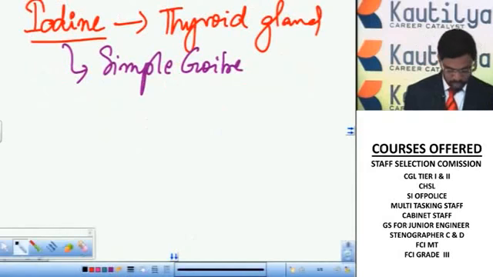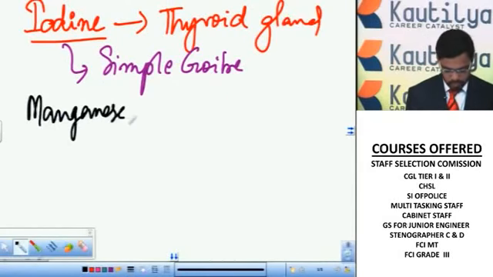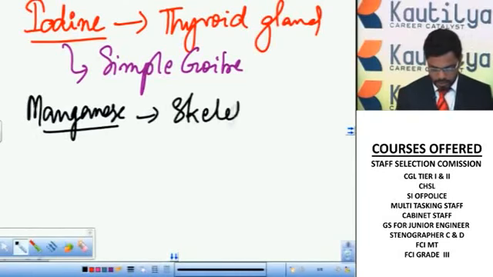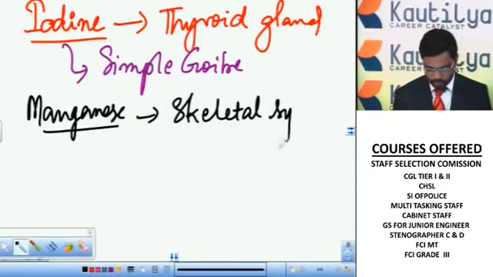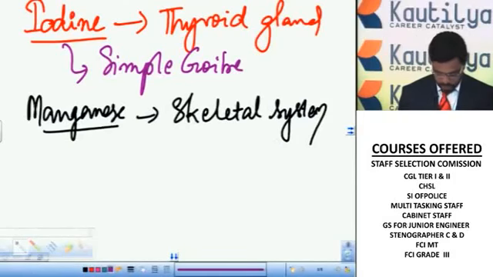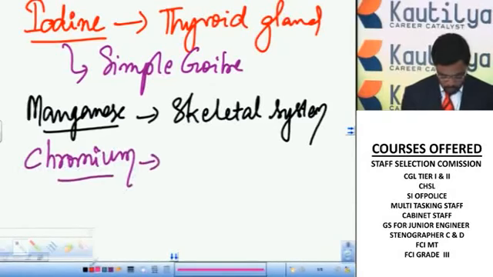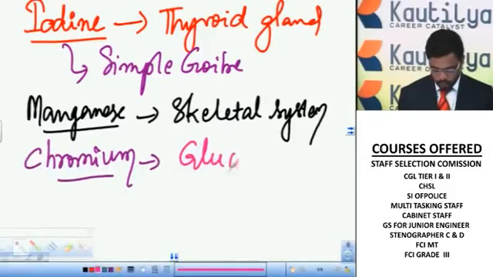Next, manganese. So this manganese is useful for development of skeletal system. And finally, chromium. Chromium is useful for uptake of glucose.